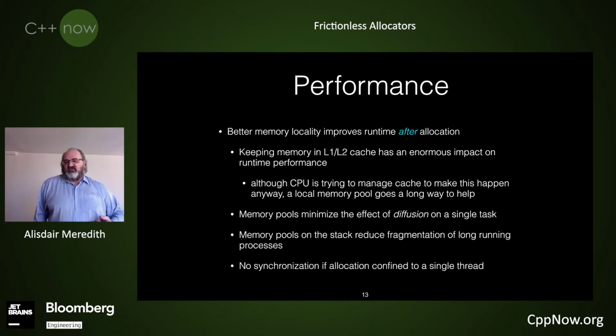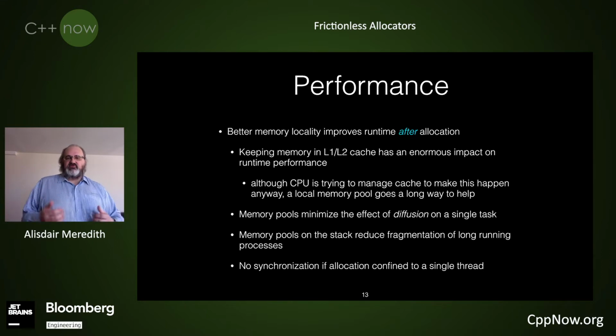Another benefit is when you've got long-running applications, as you're claiming and releasing memory all over the place, you get the effect of fragmentation, where even though you might still have a lot of free memory on your system, the largest individual chunks that are available start to shrink as memory gets allocated and removed at different times throughout the process.